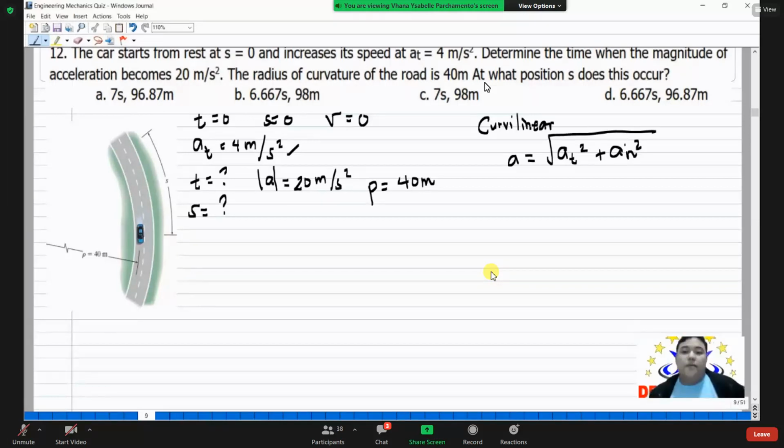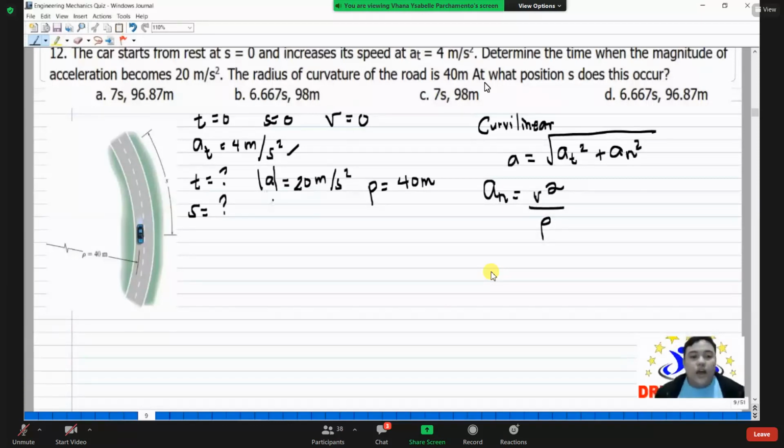While as yung normal acceleration, so that is the acceleration with respect to the path. So kung curve ba yung path natin, so meron tayong normal acceleration. So yan. Okay, so ano ba yung normal acceleration natin? So that is V squared or the velocity squared all over the radius of curvature.